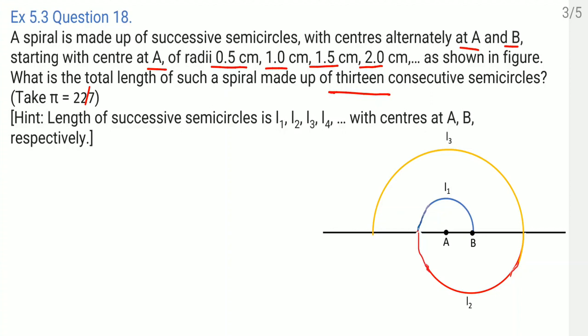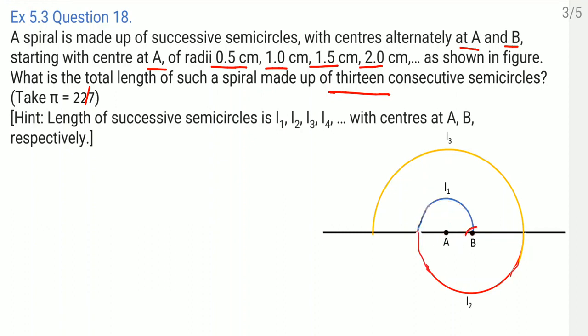Length of successive semicircles is L1, L2, L3, L4 and so on with centers at A and B respectively. Okay, we are just naming the length of each semicircle. Now here try to understand. If I am taking A as the center, the radius is 0.5 centimeter, and then I will draw this, or I will get the length of this semicircle. Correct? Now second time what will happen?